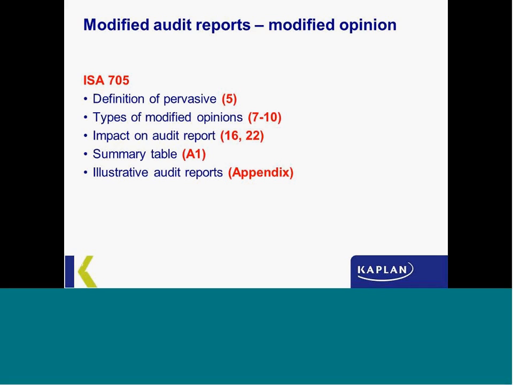They don't actually want you to write out the audit report. They want you to say, this would give rise to a modified report with a modified except for opinion. So in terms of usefulness, they are good to give you an understanding of what goes in where, but there's no need for you to be able to actually write out a full audit report.